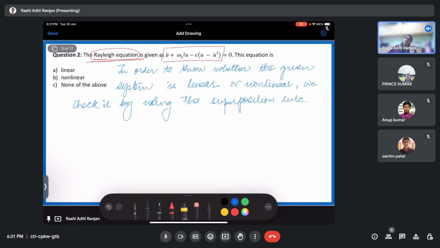Now the superposition rule is further divided into two parts. First one is the homogeneity rule. Now what does the homogeneity rule say? Does anyone of you remember?